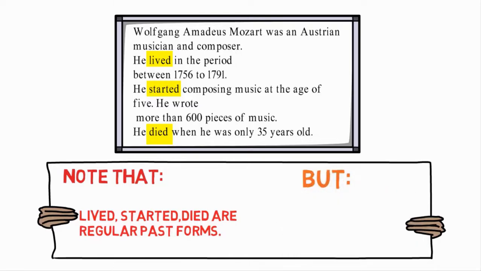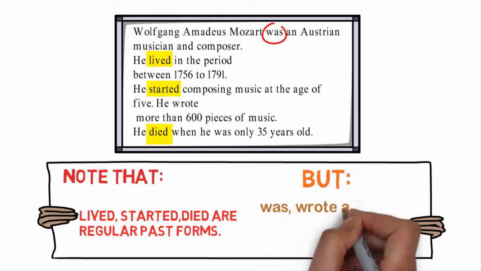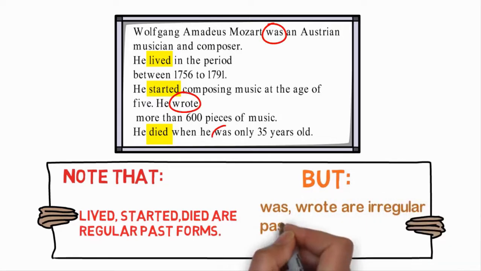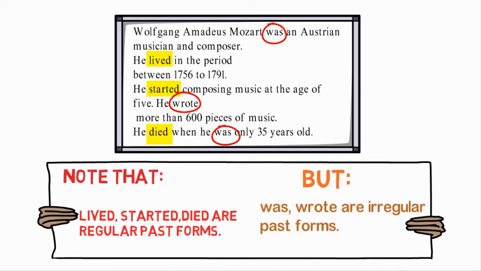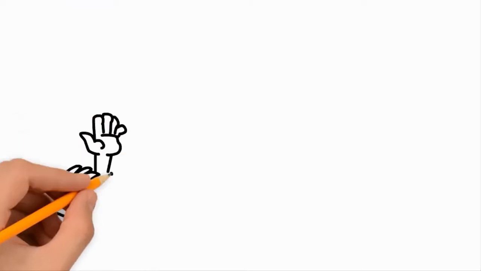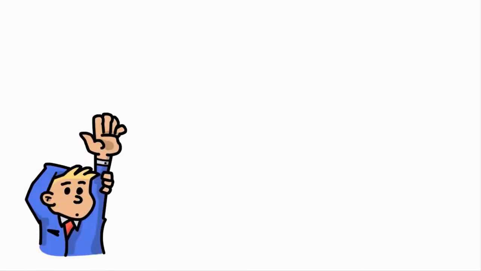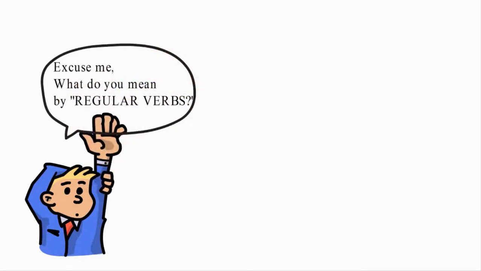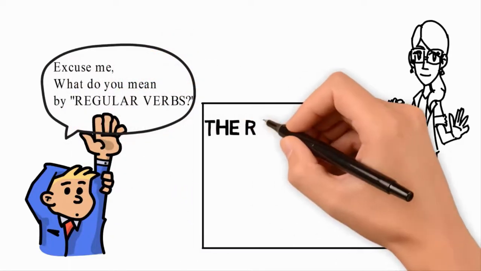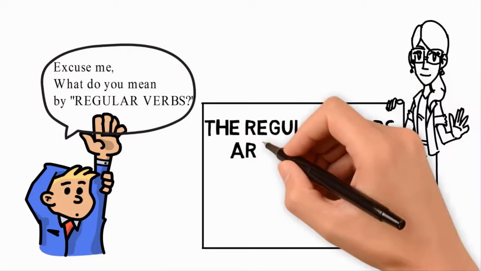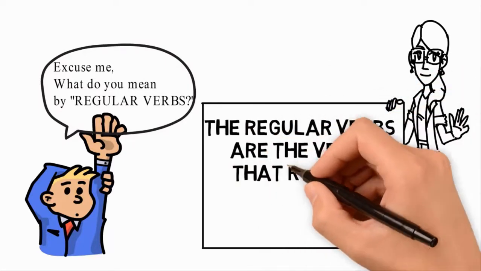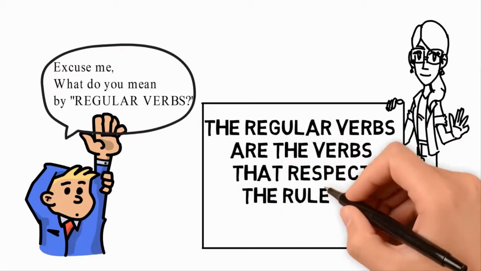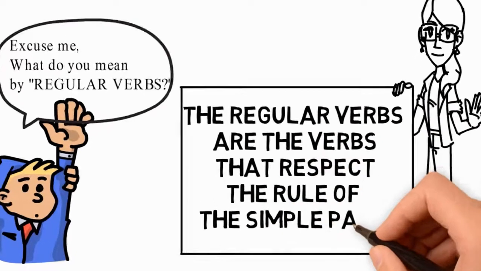But was, wrote are irregular past forms. Question. Excuse me, what do you mean by regular verbs? The regular verbs are the verbs that respect the rule of the simple past.